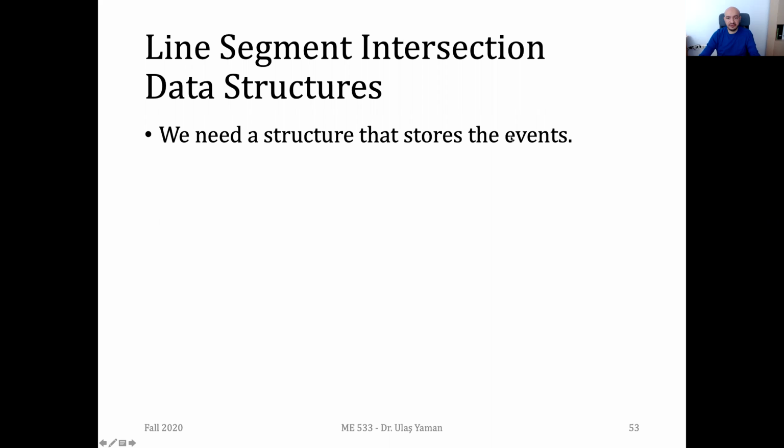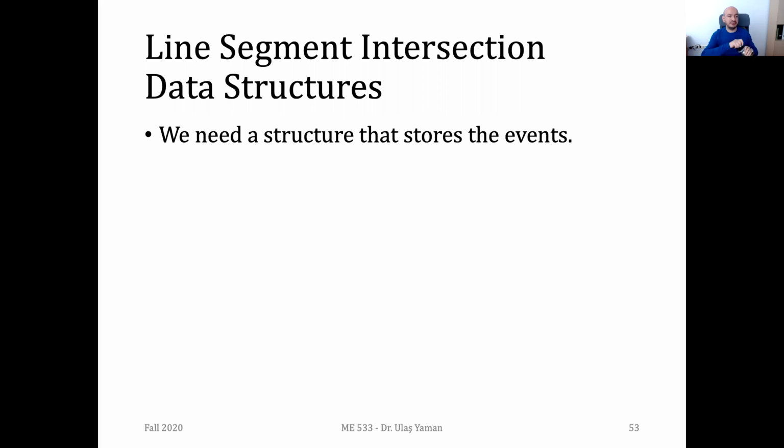So let's focus first on the events. If you remember in the previous slides, I always mentioned we should store these events in some structures. So can we store some of the events before we start the algorithm? Do we know some of these events before we start the algorithm?